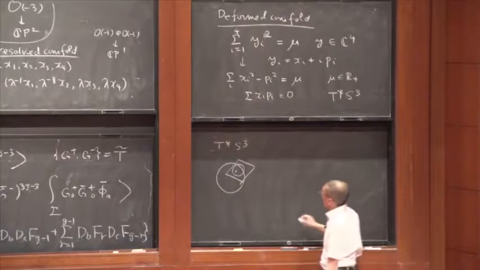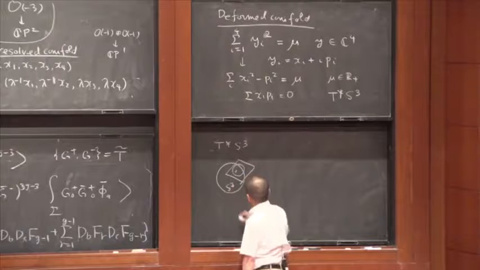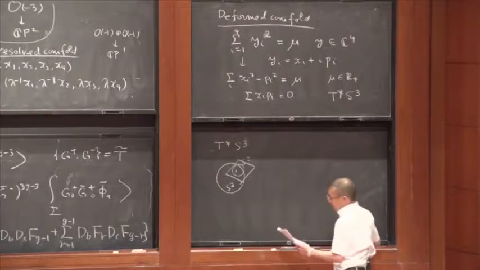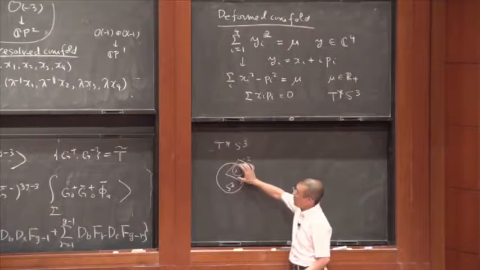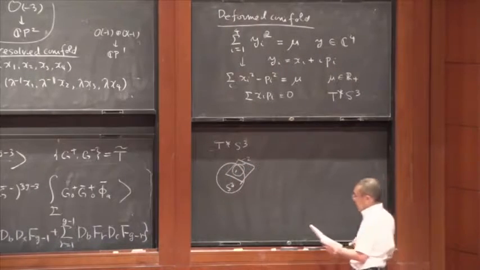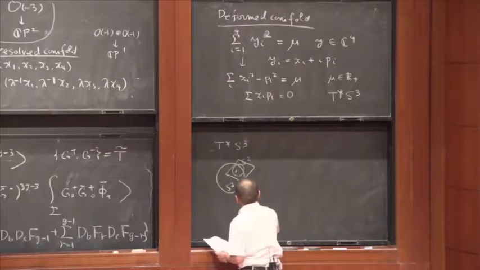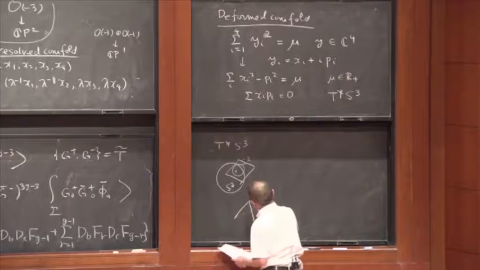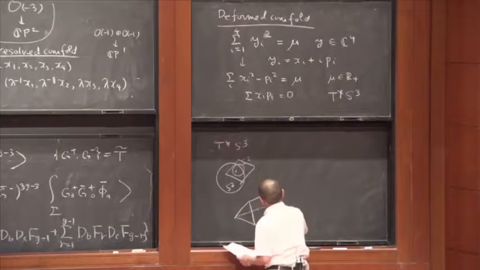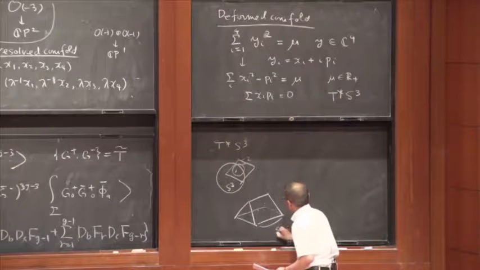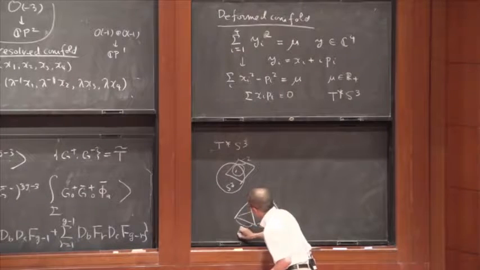So you have S3, and then you have some kind of S2 to it. But S3 has a finite radius. S2 can shrink to the base point of this cotangent space. So you can describe this geometry in this kind of model, where this direction corresponds to S3, and this direction corresponds to S2.